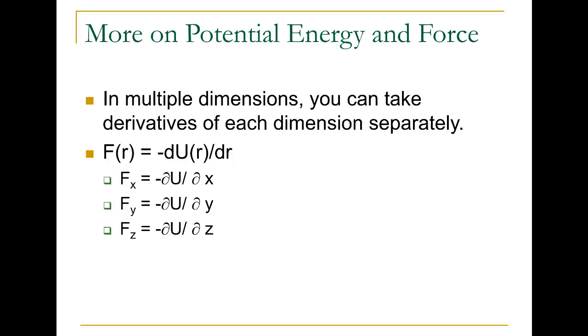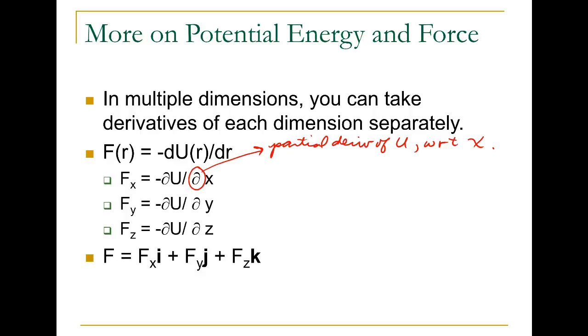F of r is negative du of r dr. So F, the force in the x direction, would be negative partial u partial x. And this symbol right here is the partial derivative of u with respect to x. That's how we interpret that symbol.